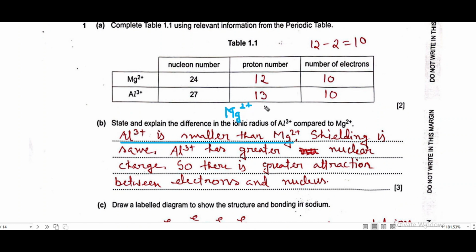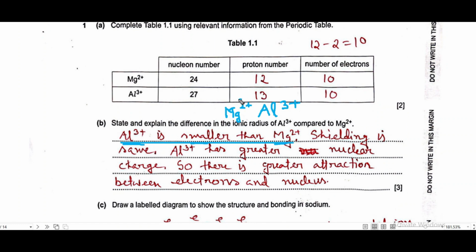Across the period, metallic radius decreases, and for metal ions ionic radius decreases. So aluminum ion is smaller than magnesium ion.